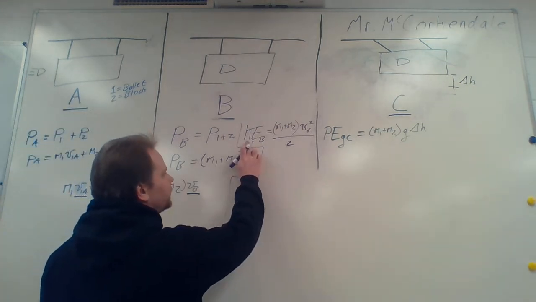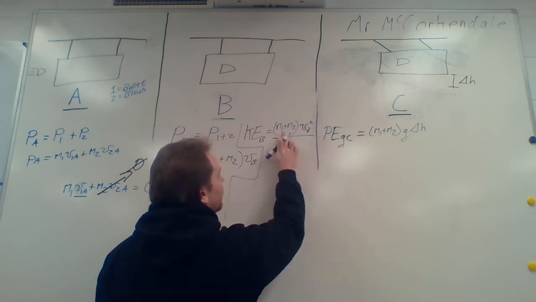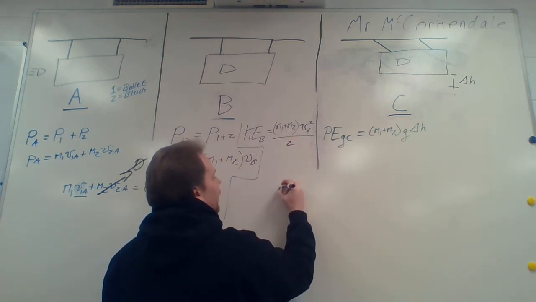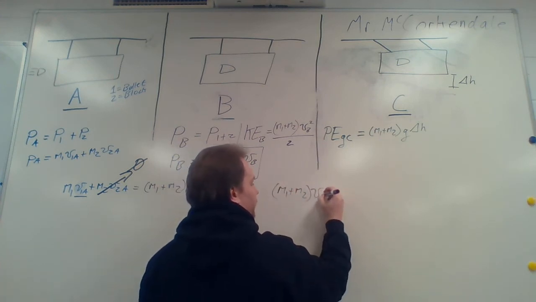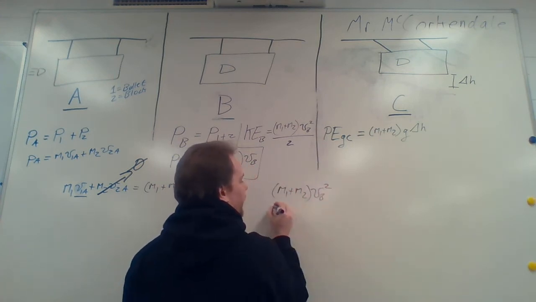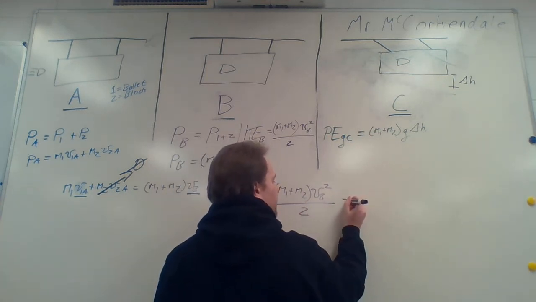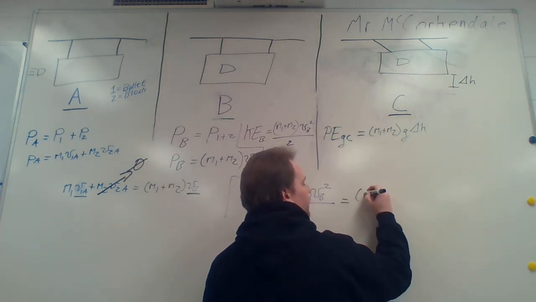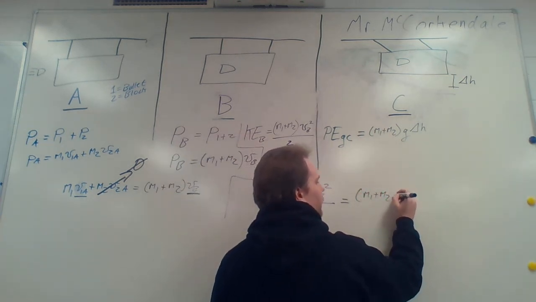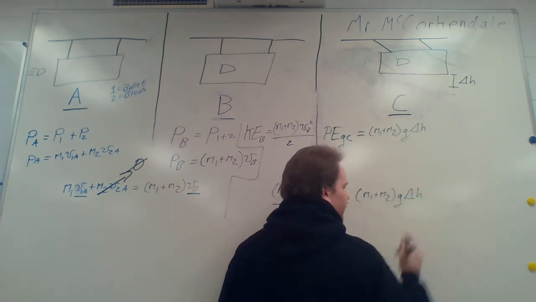The kinetic energy at B has to be equal to the gravitational potential energy at C. So, m1 plus m2 times the velocity at point B squared divided by 2 has to be equal to the sum of the masses times the acceleration of gravity times delta H.